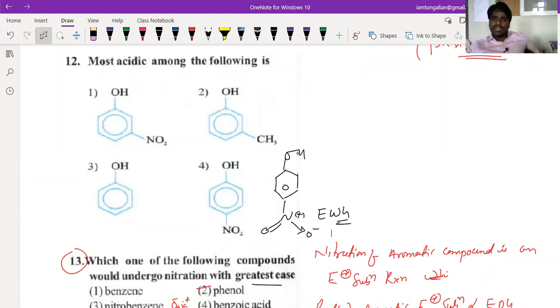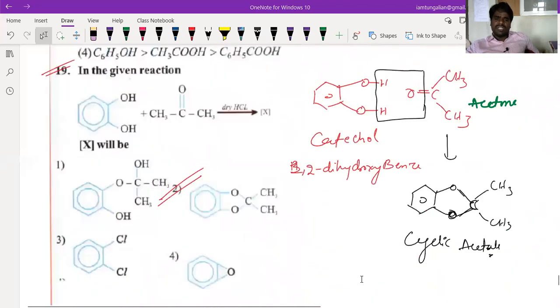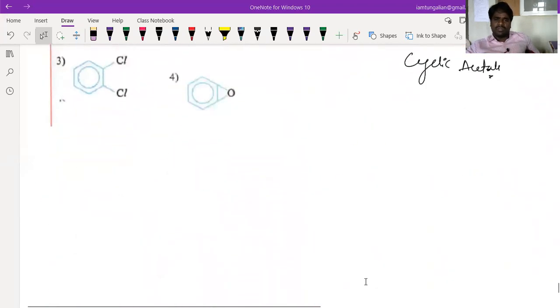Yeah, acidic character and basic character depend upon the electron withdrawing and donating nature beta. It depends upon the nature of the functional group. Let me tell you a little bit about electron donating and withdrawing beta.